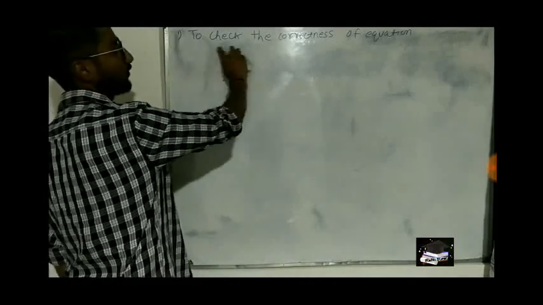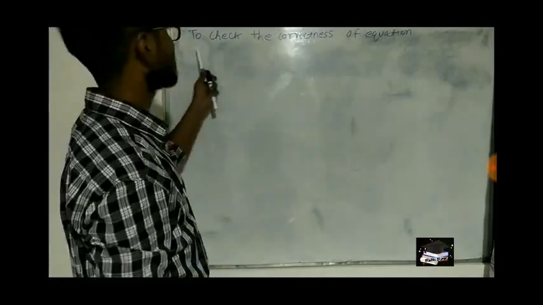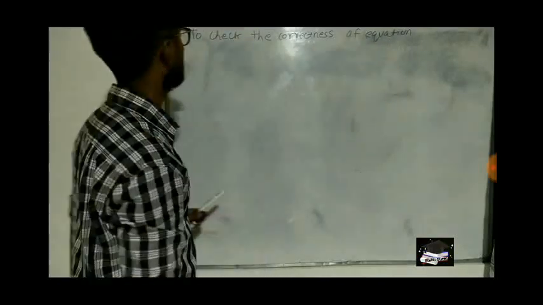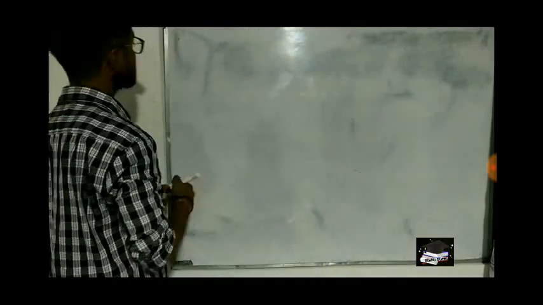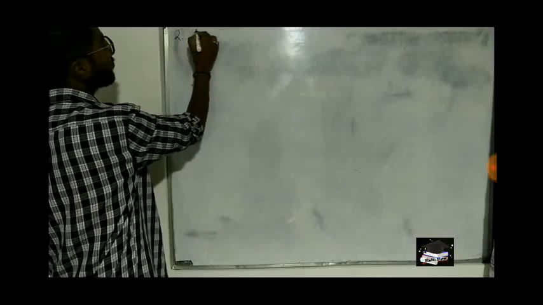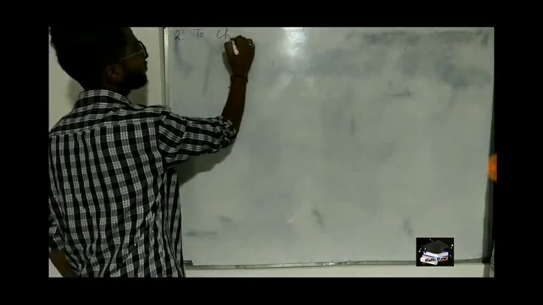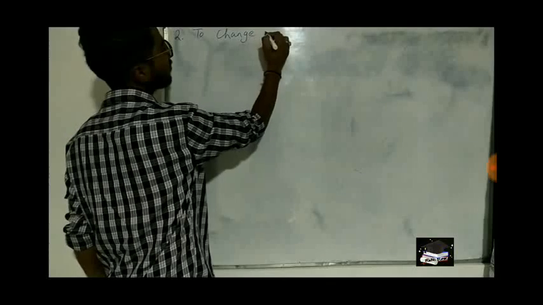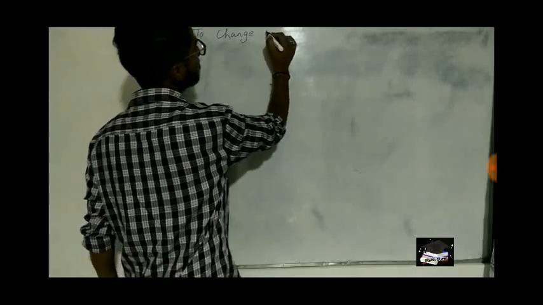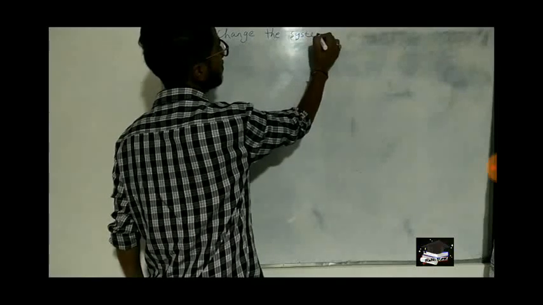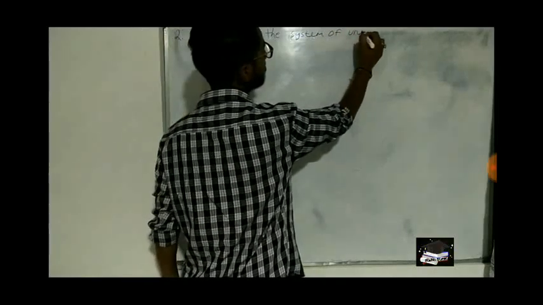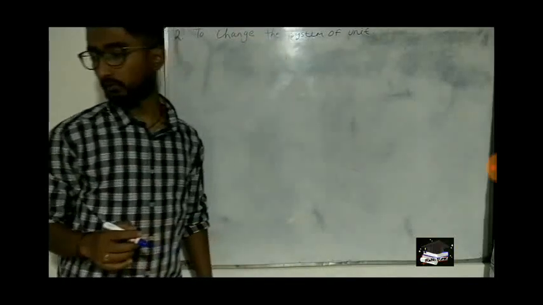So we have finished one usefulness, or one application, to check the correctness of an equation. Okay, these are the applications of dimensional analysis. Number 2 is to change the system of unit.